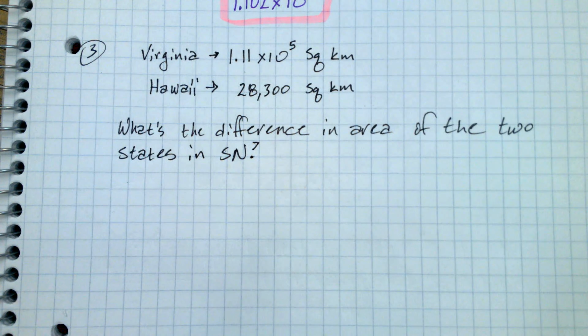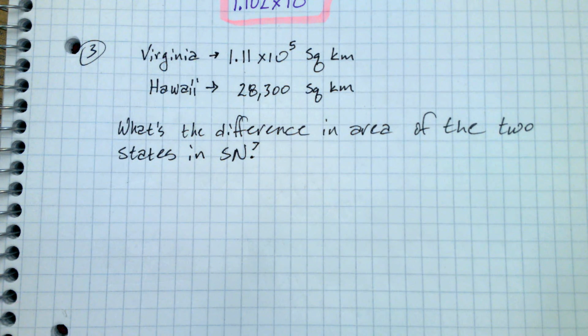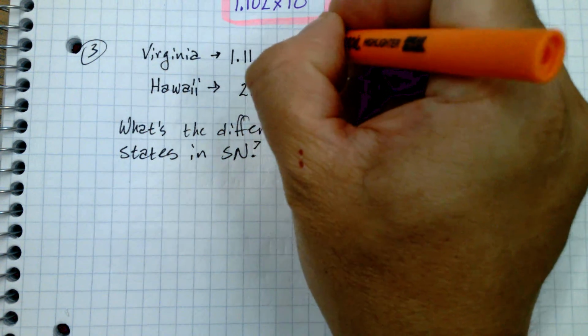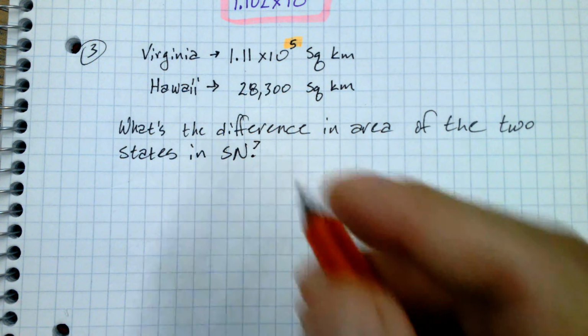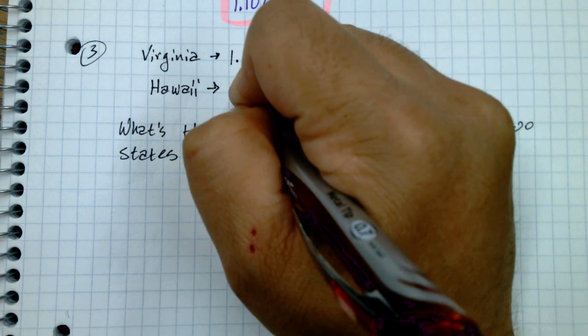So we know the area covered by the state of Virginia. We know the area covered by Hawaii. Why don't we take this number though and convert it? So how many spots am I going to want to move? 5. Again, look here. That'll tell us. We want to go 5. 1, 2, 3, 4, 5.